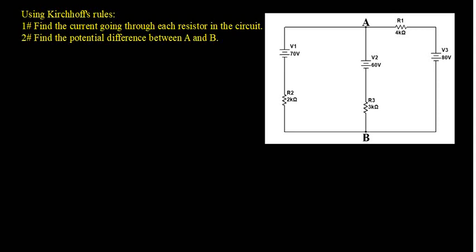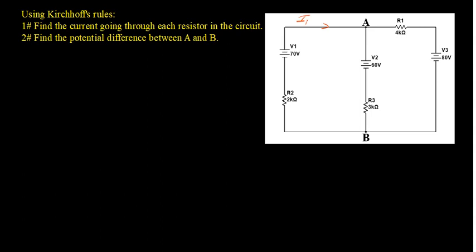I'll pick junction A and I will say this is the current 1 and here I'll call this one current 3 going through resistor 1. Okay, and for the middle branch it's gonna be second current. So let's just distribute that all over the place to make sure we're not missing any.